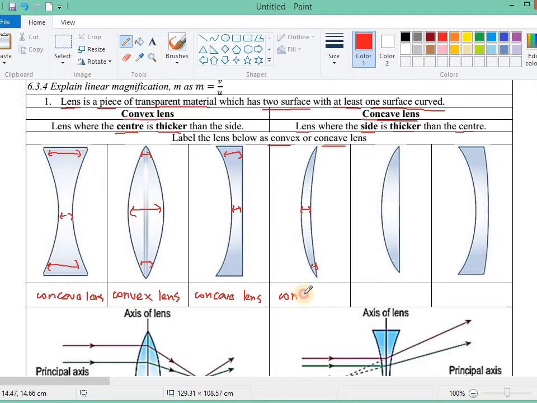So this is convex lens. This one, center thicker, the side thin, so this is convex. This one, the center is thin, the side is thicker, so this one is concave. Okay? Get the idea? Convex lens.